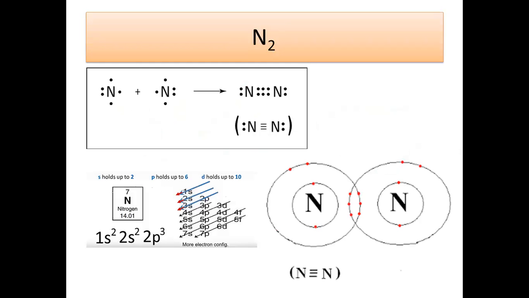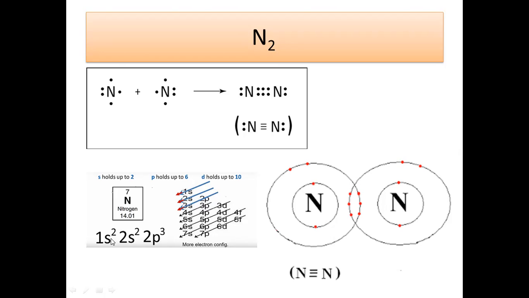The last example is the nitrogen molecule. The atomic number of nitrogen is 7, having 7 protons and 7 electrons. So this is the electronic configuration: 1s2, 2s2, 2p3, and in the valence shell there are 5 electrons.